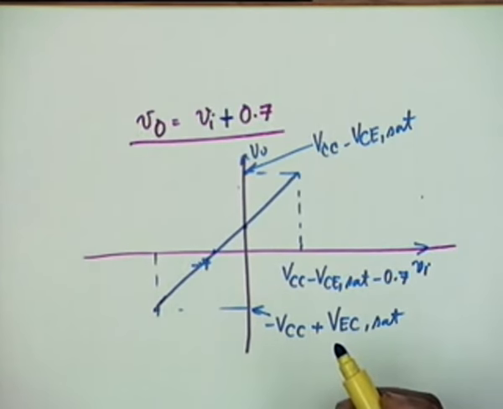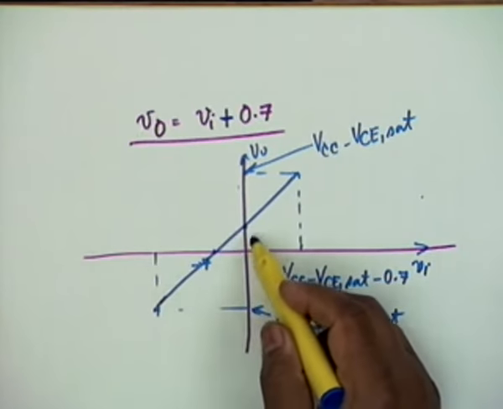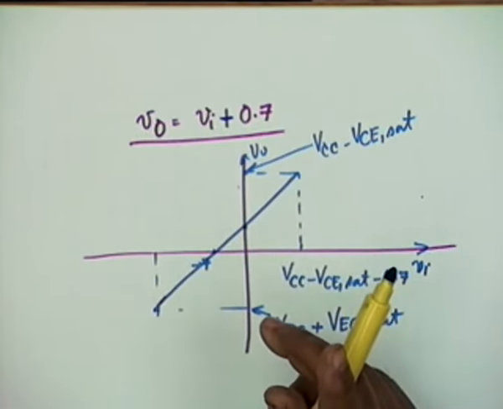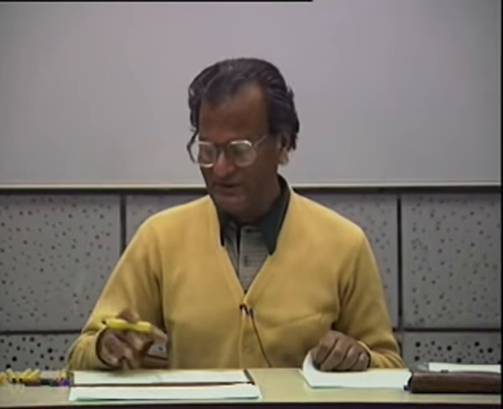Now you can see that the swing is no longer symmetrical. Isn't that right? There is a slight offset here, but the point is we don't mind. We don't mind a little less swing, but what we want is that there should be no crossover distortion. So this is a very small price to pay, and in any case, no power amplifier should be driven to saturation.